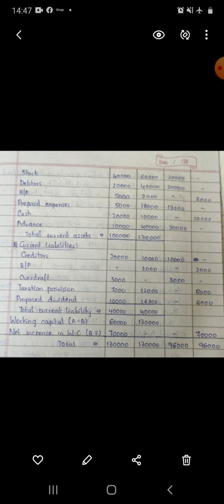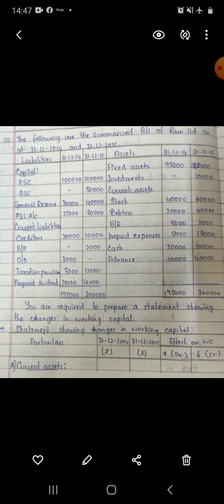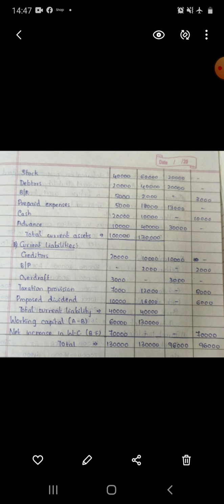Prepaid expenses 5,000 and 18,000, there is an increase. Cash 2,000 and 10,000, there is an increase. Advances 10,000 and 40,000, increase 30,000. So total current assets 1 lakh and 1,70,000.